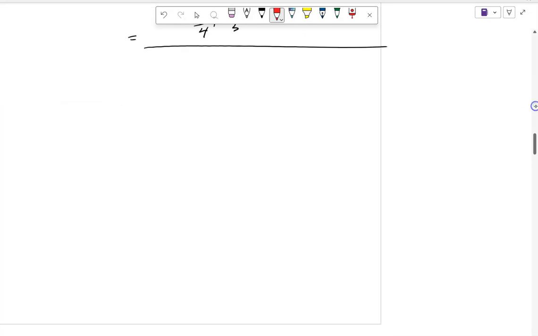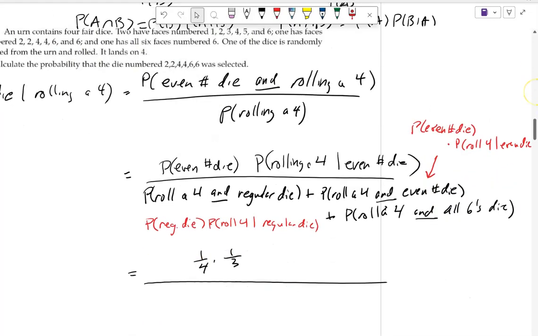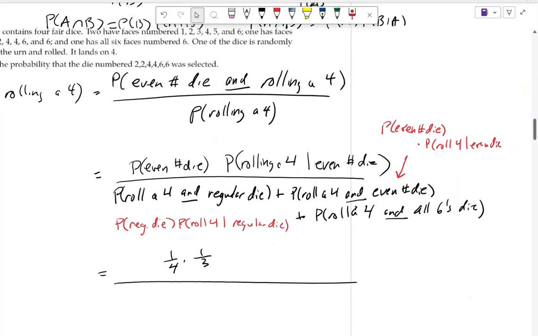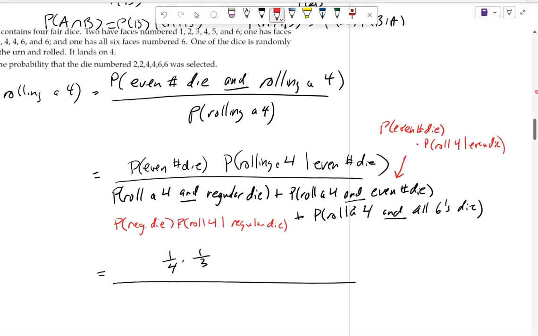And of course it scrolled off the screen for me because I hit the scroll bar. And this is drawing a 6's die, and 4 given 6's die. Getting lazy writing at the end there.